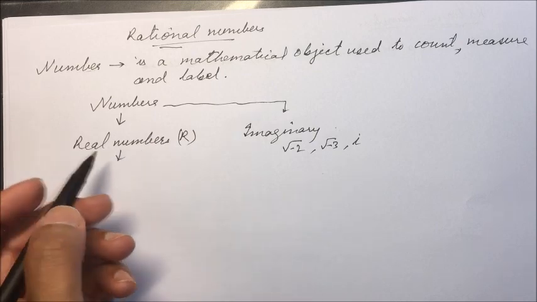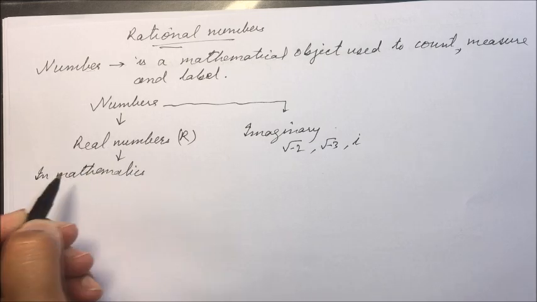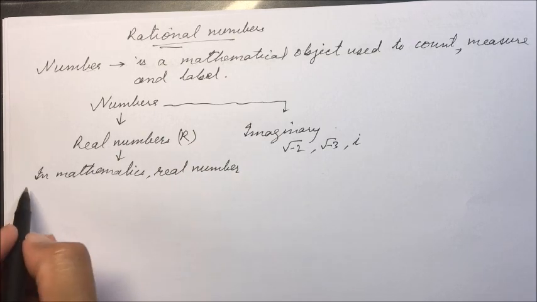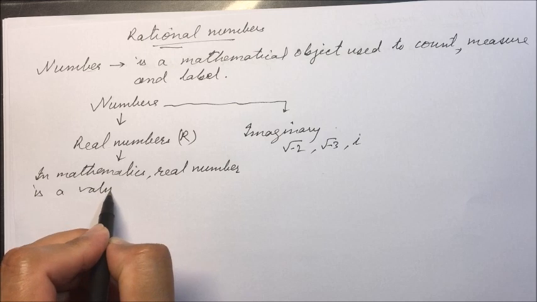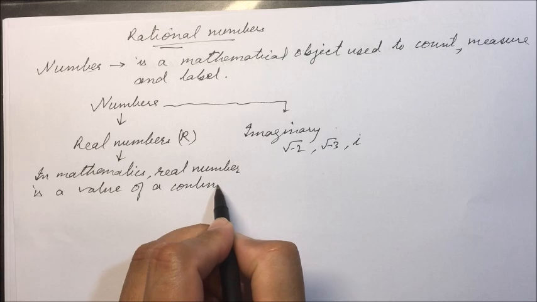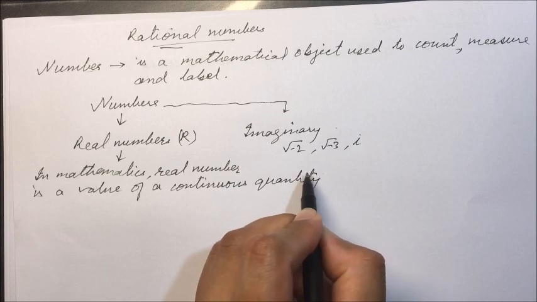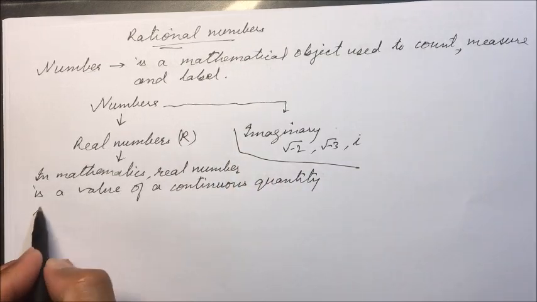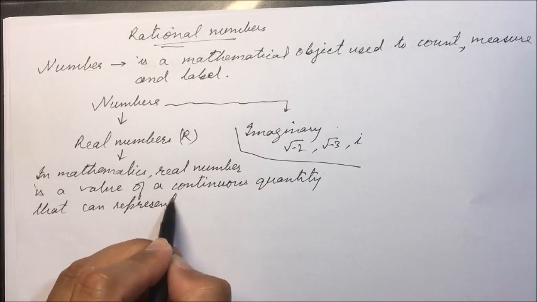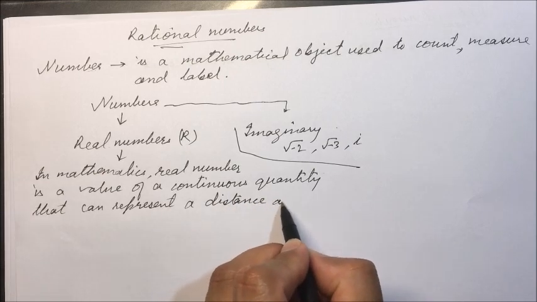So in mathematics, a real number is a value of a continuous quantity that can represent a distance along a line.